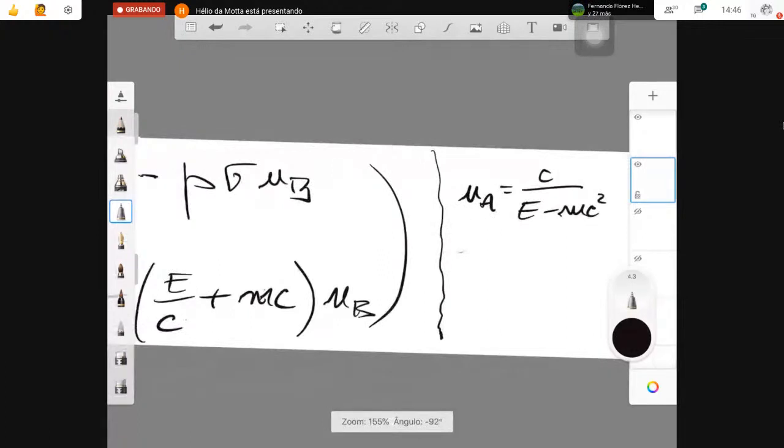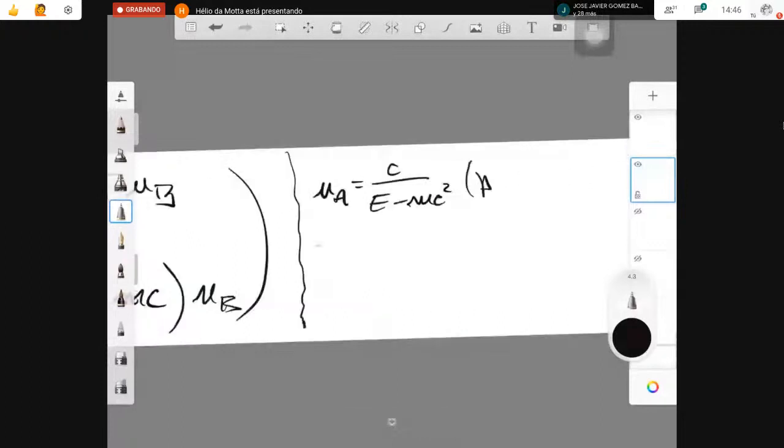If you recall well, mc squared is basically the rest energy of a particle, the energy of a particle due to its mass. So as I told you before, if the energy itself is much bigger than the rest mass of the particle, you can just ignore it: E minus mc squared will be pretty much equal to E. And here is E plus mc squared.